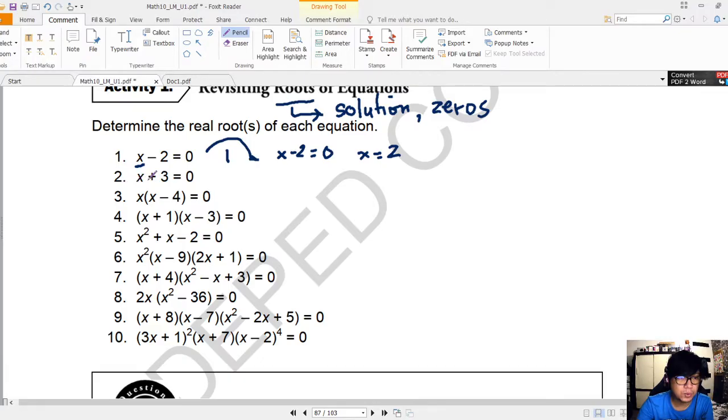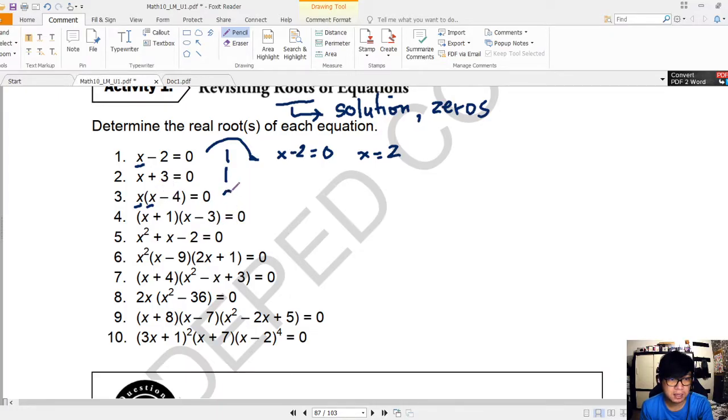Sige, for number 2, how many roots do we have? Isa lang yung x, so there is only 1. Dito, dalawa yung x, so this one, and ito. Kasi pag i-multiply natin ito, x times x, x squared. So, there are 2 x.